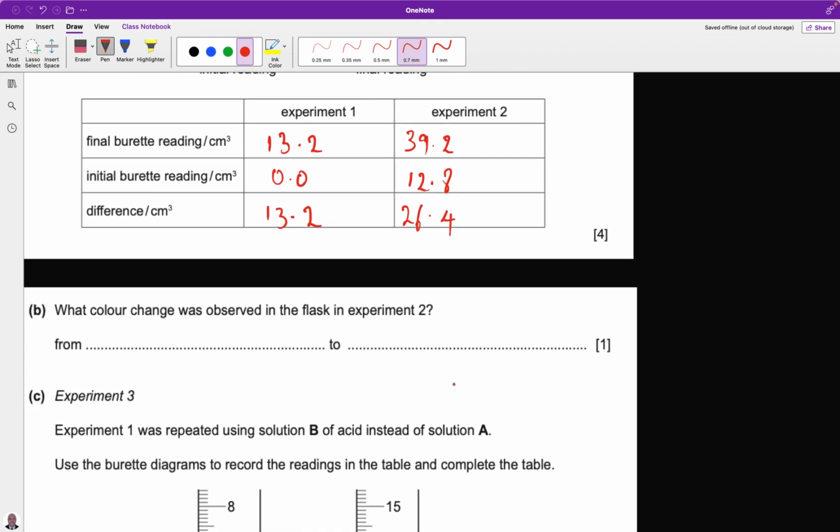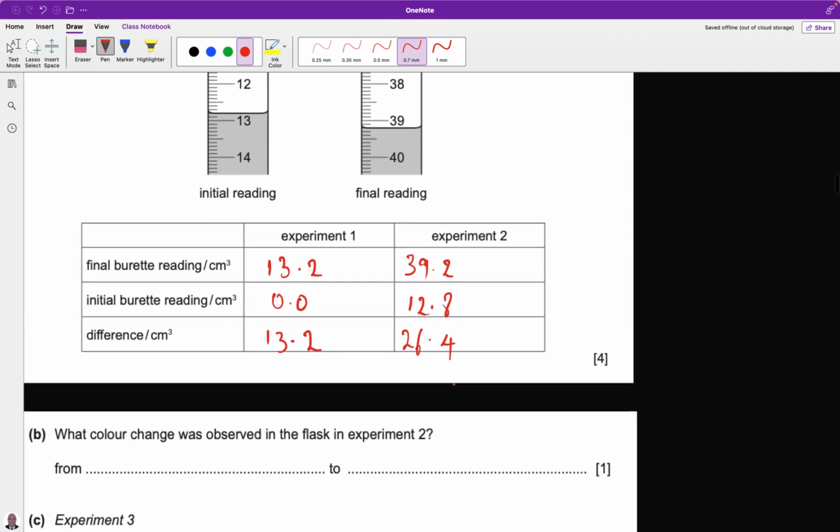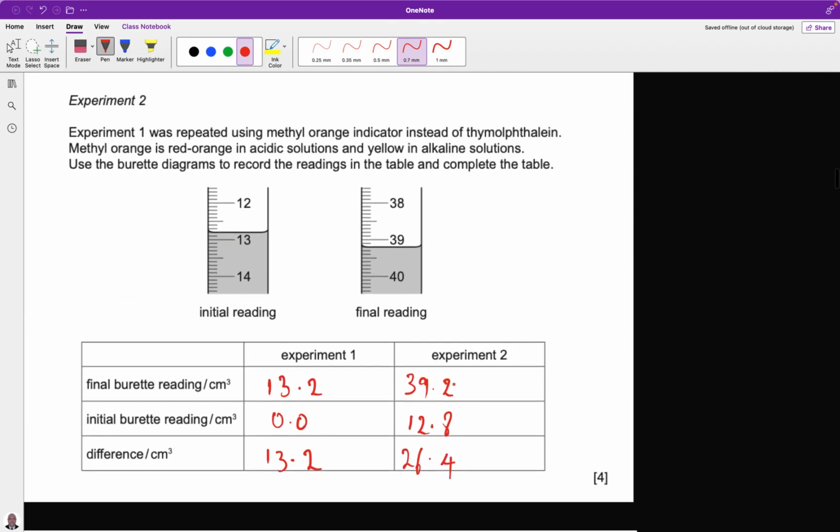What color change was observed in the flask in experiment 2? You heard it very well. It was in an alkaline solution.